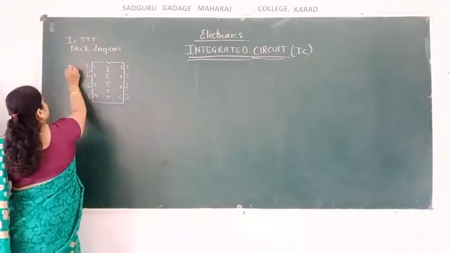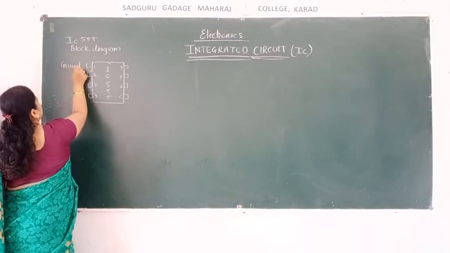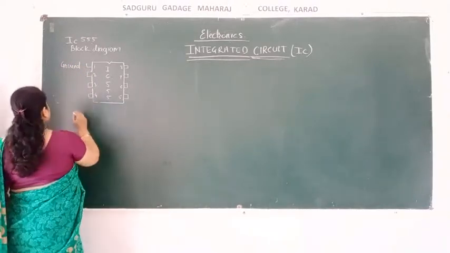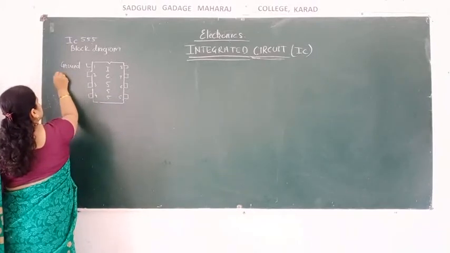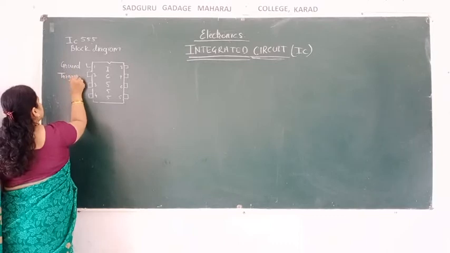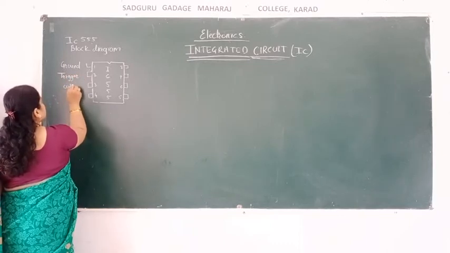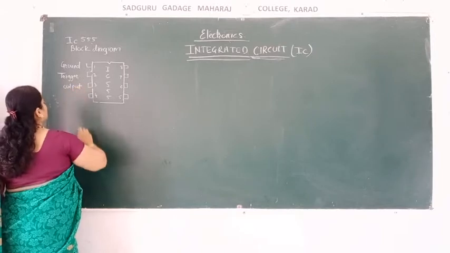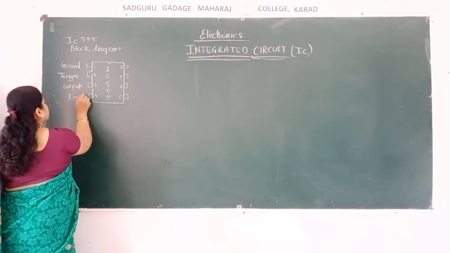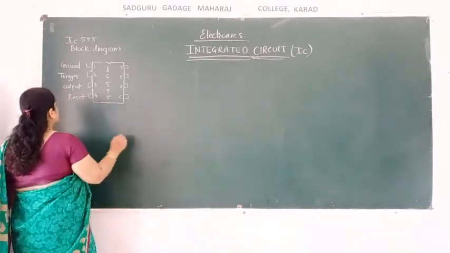The first pin is ground. The second pin is used to trigger the circuit, and the third is used to give the output of the circuit. The fourth pin is used to reset the circuit.